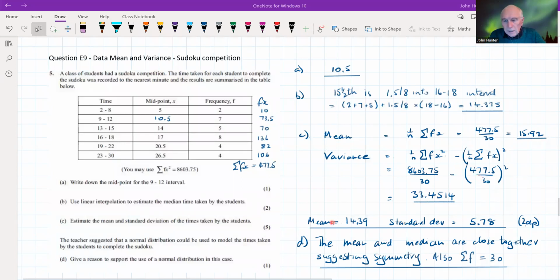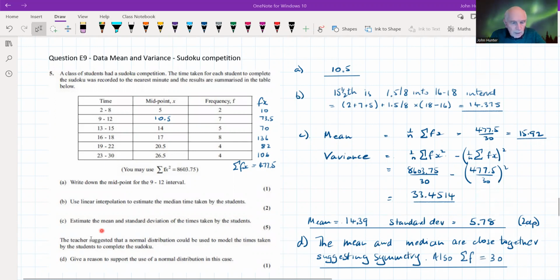Okay, so basically that's it. We've got a mean of 15.92. Made a change on there. It's 15.92 and a standard deviation of 5.78. This is the variance. Of course, we take the square root to find the standard deviation.